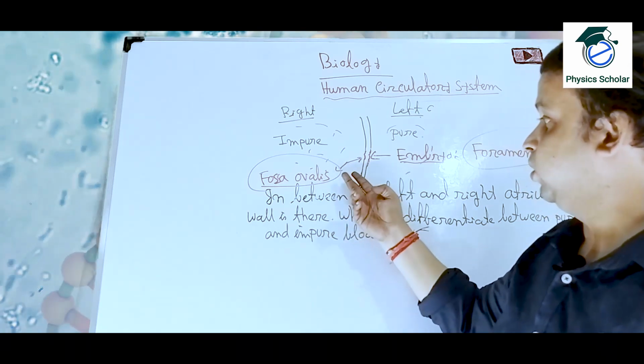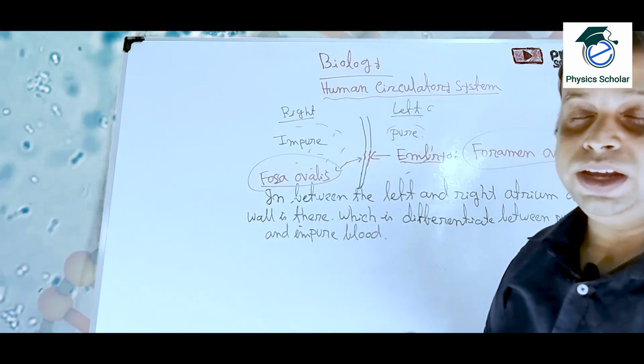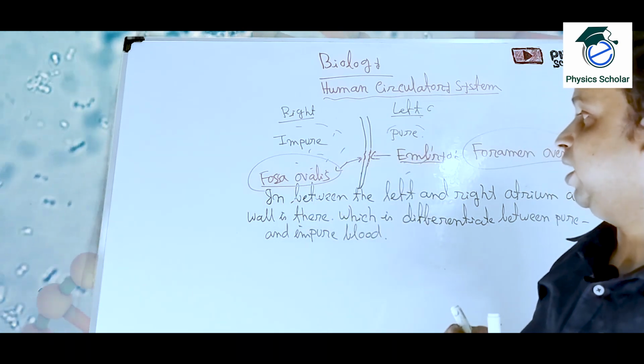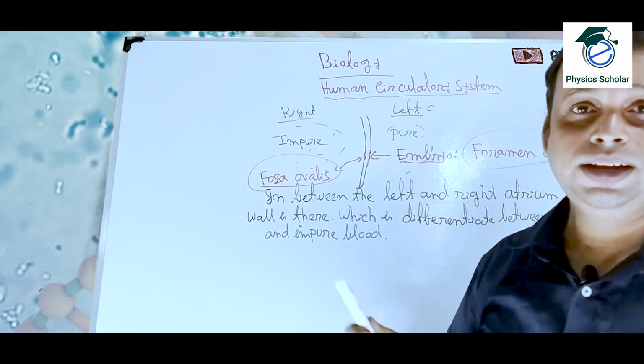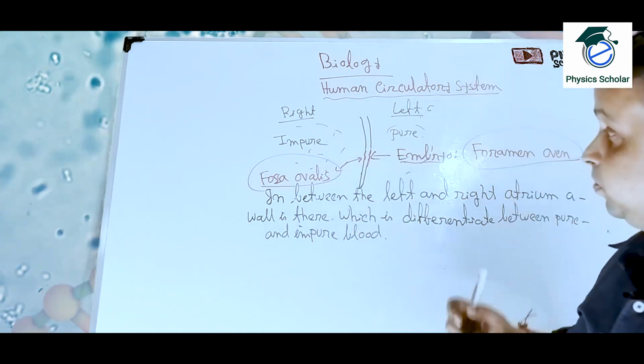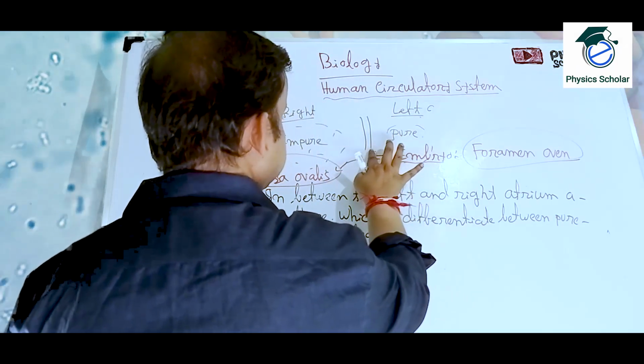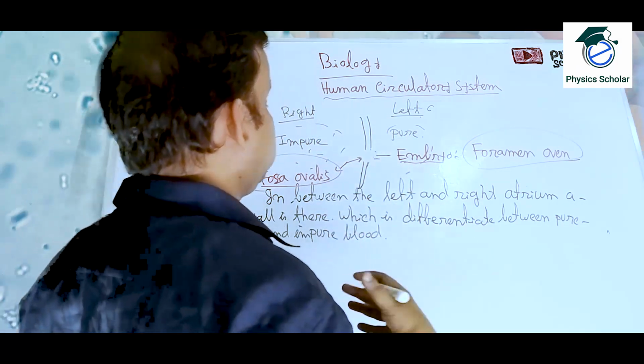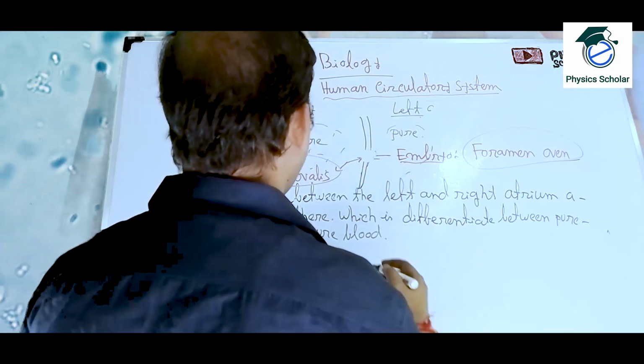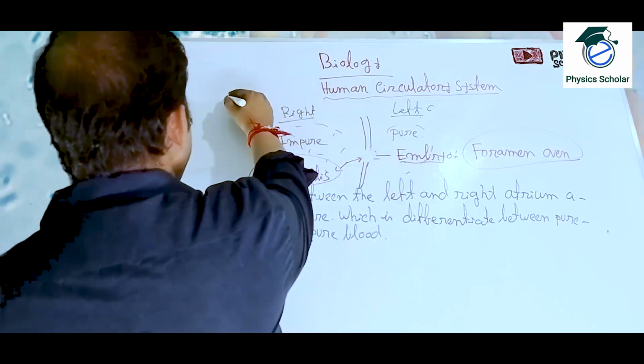Clear to all of you? So fossa ovalis and foramen ovale. Clear? So now the thing is that if this hole is not repaired after birth due to some defect, then what will happen in the atrium?